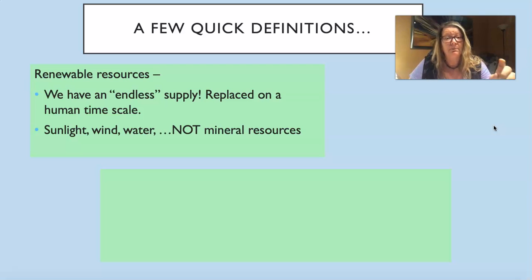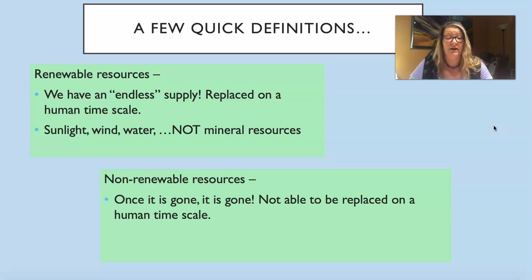And note that mineral resources do not fall under this category. They fall under the category of non-renewable resources, resources that we do not have an endless supply of, especially on a human time scale. Now, of course, these things formed over geologic time scales, over millions and millions of years. So even though I say once they're gone, they will eventually come back.